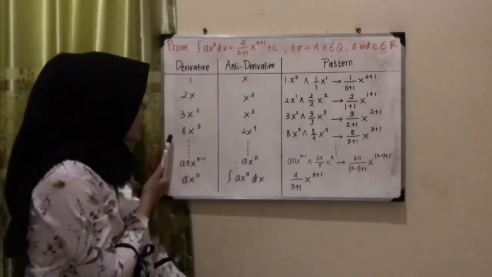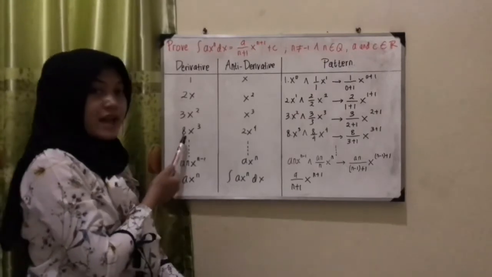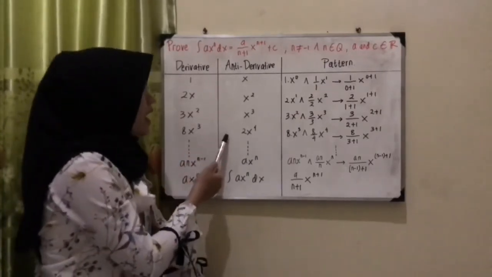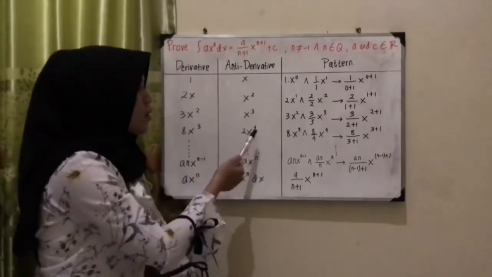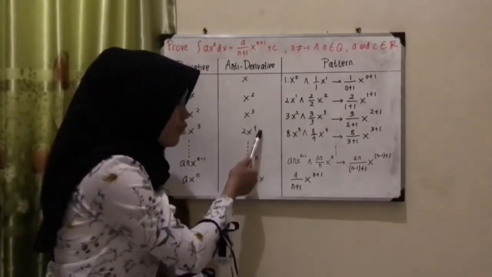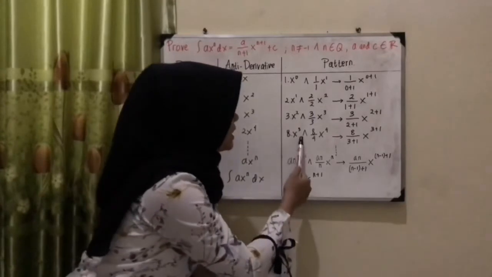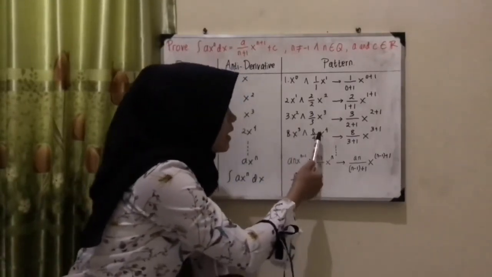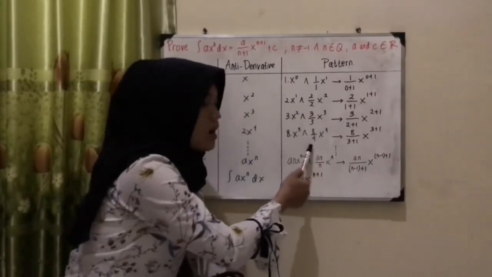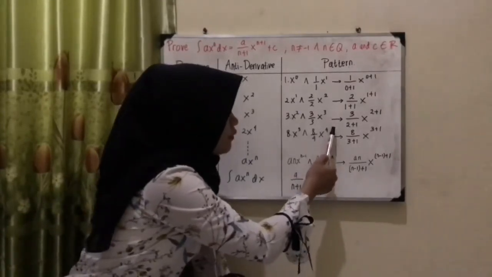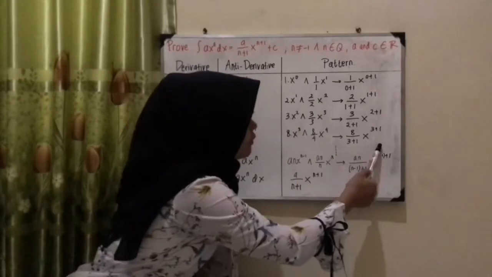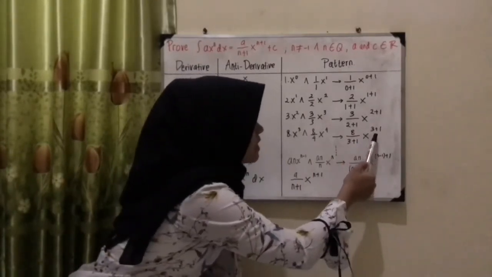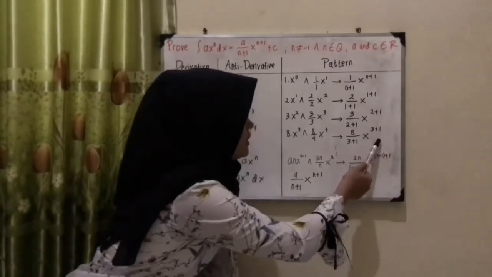As well, if the derivative is 8 times x to the power of 3 and the antiderivative is 2x to the power of 4, we have the pattern 8 times x to the power of 3 and 8 over 4 times x to the power of 4. So we have the pattern 8 over 3 plus 1 times x to the power of 3 plus 1.